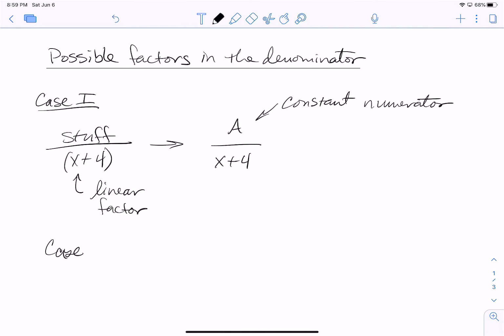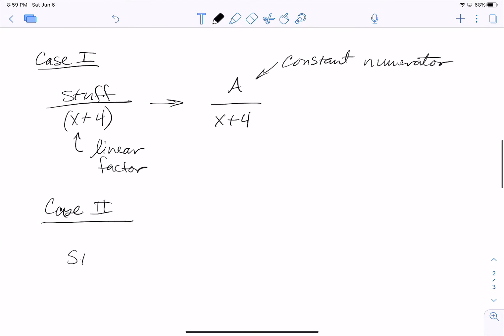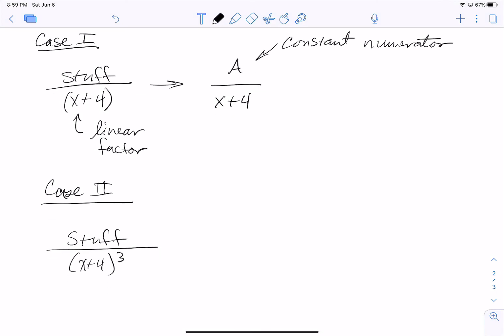The second case, which we'll call case 2, is we have stuff in the numerator over, say, x plus 4, the quantity cubed, for instance. This is characterized as a repeated linear factor. Even though it's x plus 4, the quantity cubed, what we focus on is that we have a linear base.